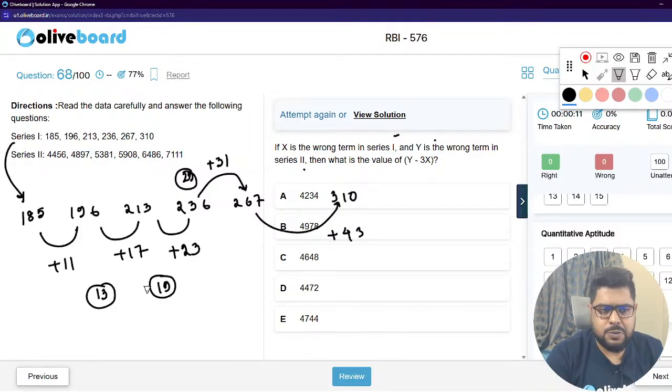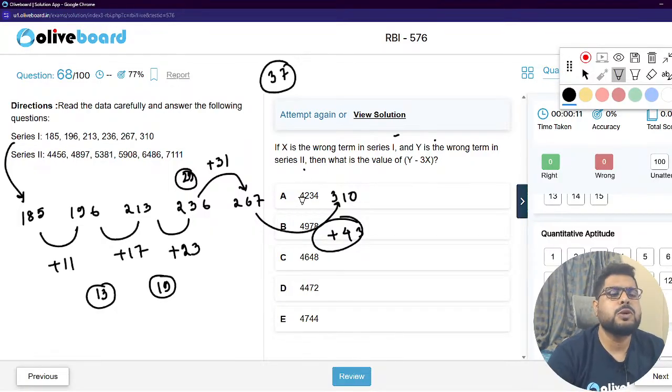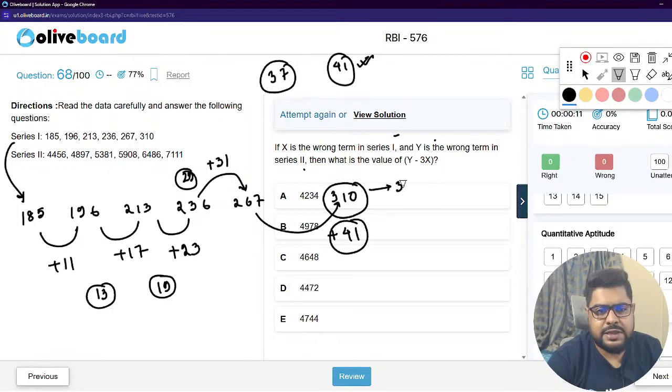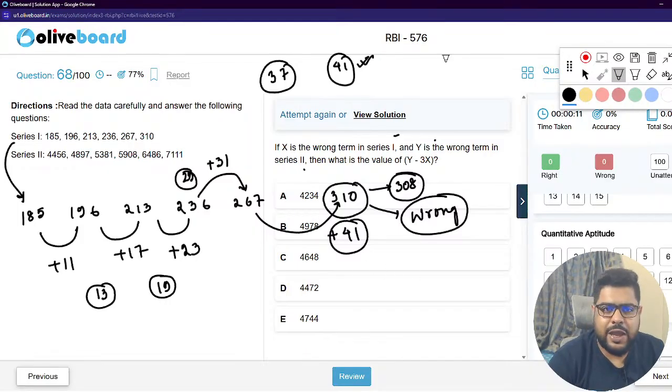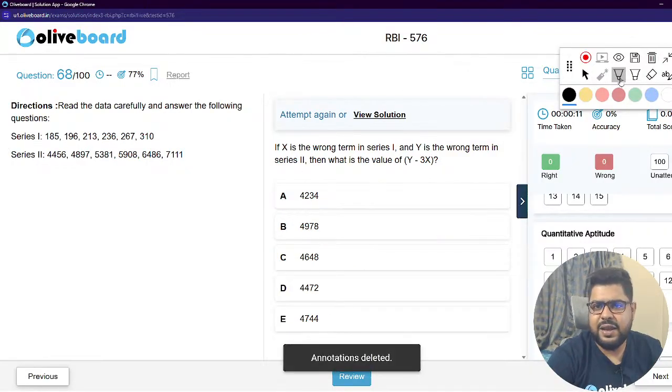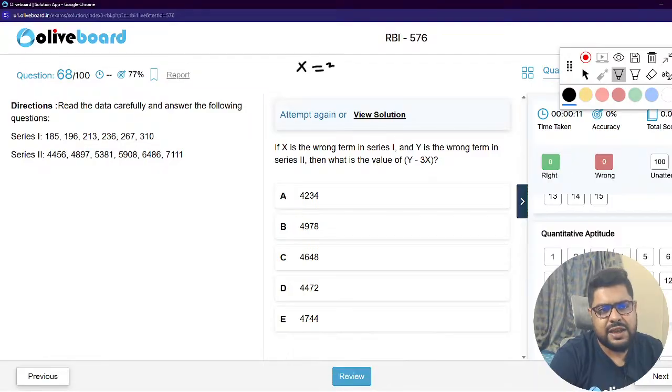Most probably this is wrong. After 31, because 37 is there, it should be 41, sir. Sorry, this is wrong, sir. This should be 41 and this should be 308. So this is the wrong number, sir. So x is equal to 310. X is 310, sir. Okay? So I'm just writing it here. X is 310.